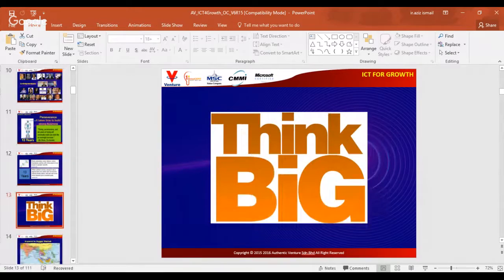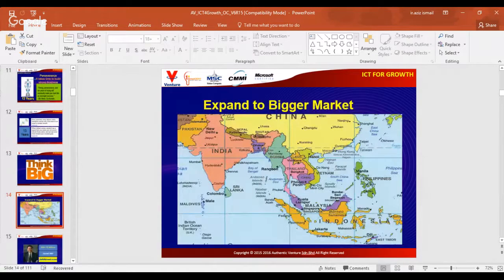And I've talked to a lot of entrepreneurs, and one thing which is always the same in the group is that they think big. They wanted to expand their business to a bigger market, and I think it is true because for you to become successful, for you to build your billion-dollar business, for example, Malaysia is not that big in terms of the world market size.